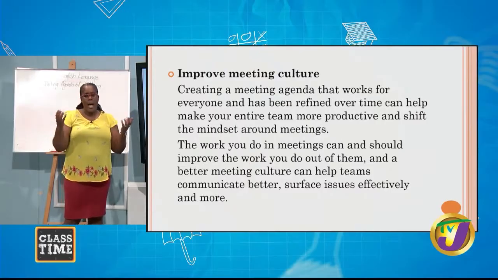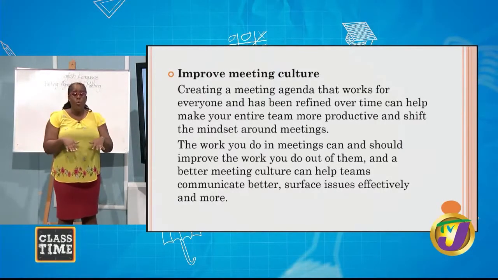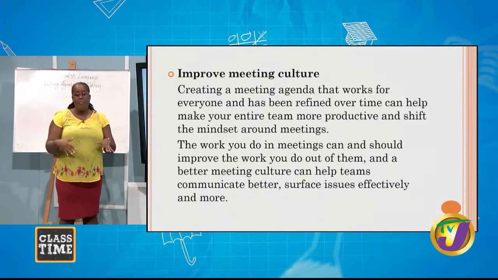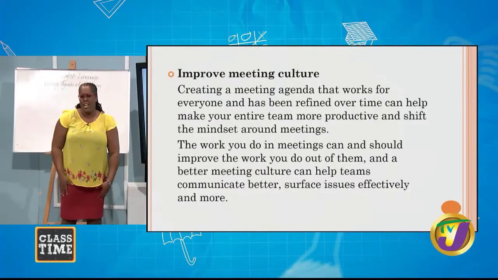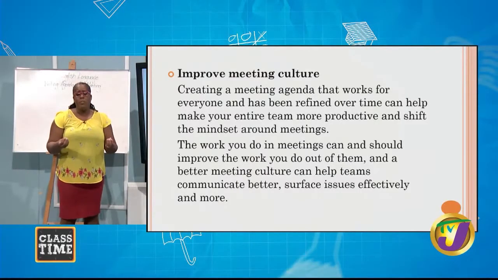They go in and they're blank. They don't participate or anything. But if you include your attendees or your staff members, it will or might improve the meeting culture, so that everyone will not come to the meetings and basically be dragging themselves to the area where the meeting is supposed to be held.